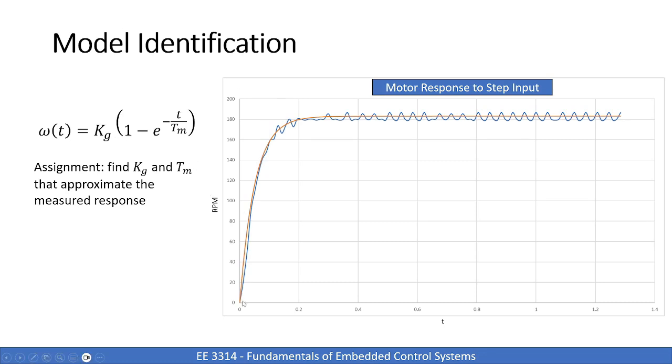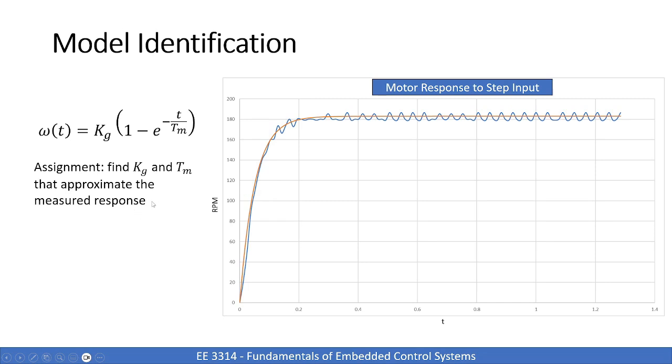I want to see you plot the data that we read and the mathematically equivalent transient response for the parameters that you came up with. I want to see how closely they match. So that assignment will be providing the two values, Kg and Tm, as well as a plot of both on the same axis, so I can see how well they match.